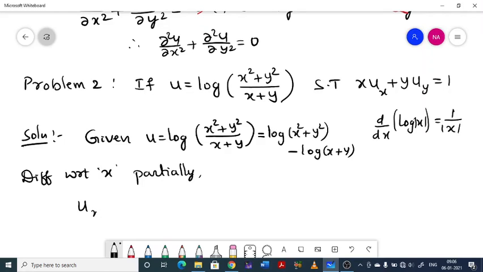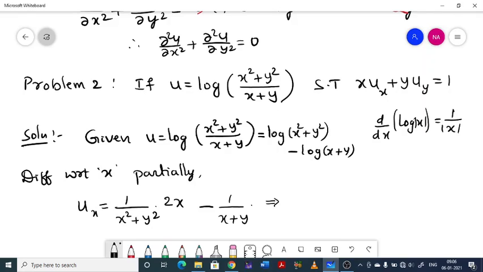So I'll get ux equal to, differentiating this, log of x square plus y square, that will be 1 by x square plus y square, into the derivative of x square plus y square, the derivative of x square is 2x, plus the derivative of y square 0, minus log of x plus y, differentiating that you get 1 by x plus y, into the derivative of x you get 1.